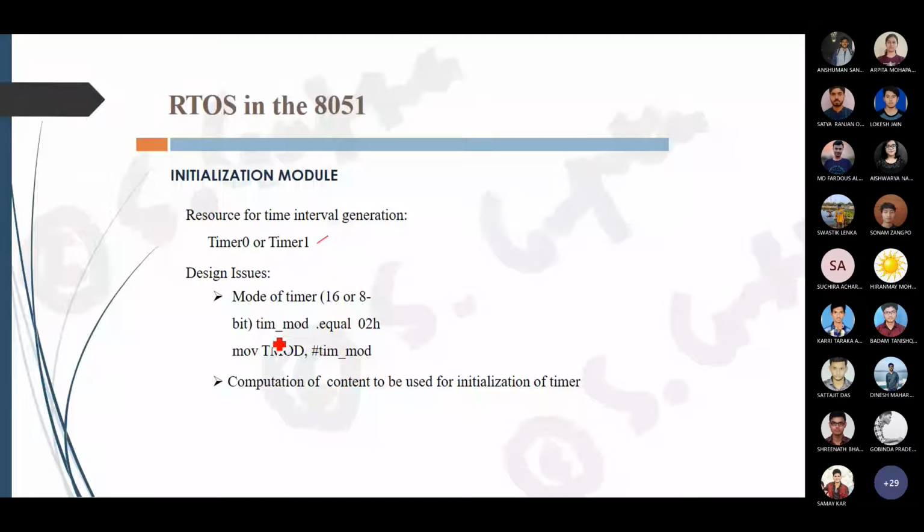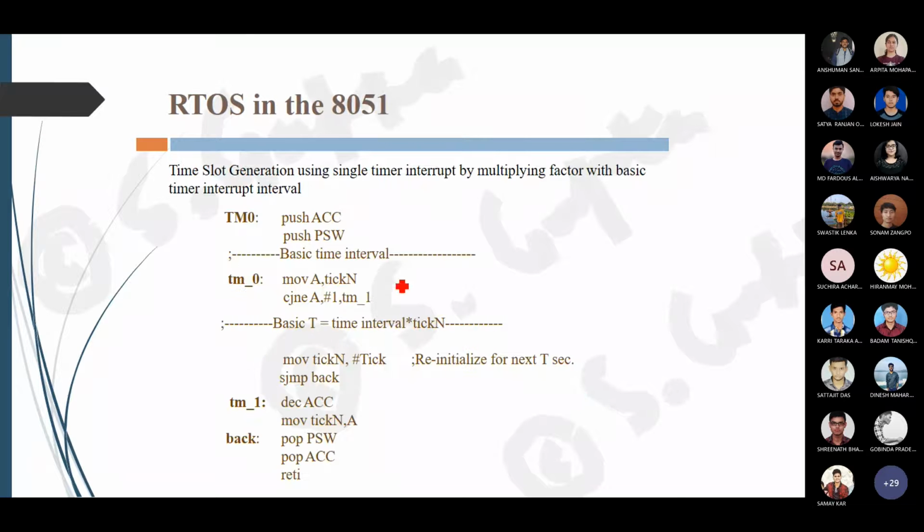So these values we have already seen how to use. And then the computation of the content to be used for initialization of the timer, that we have done already. Then for these time interval generations, we have used this, although you can see that this is not a unique solution.